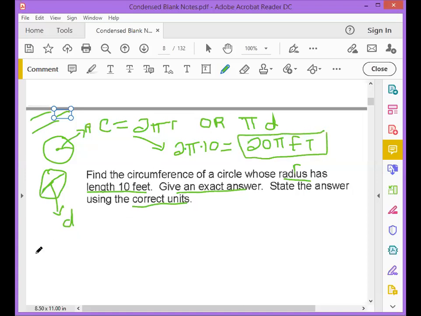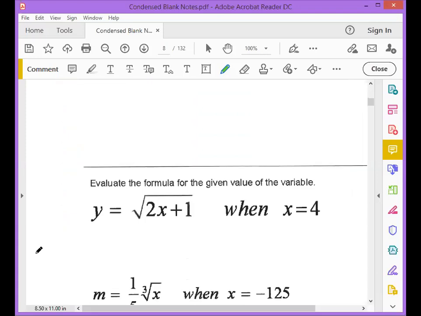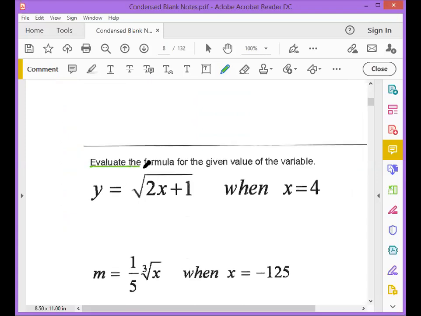That's just 1 dimension. Here we're asked to evaluate the formula for each given value. So we have y equals the square root of 2x plus 1, and we're given a value of x equals 4. So here we would substitute 4 for x. That would leave us with the square root of 2 times 4 plus 1.